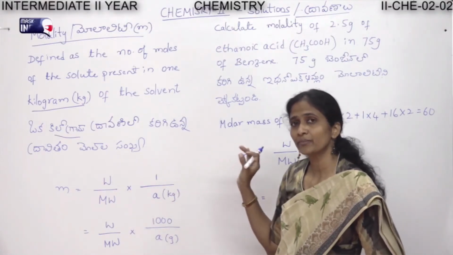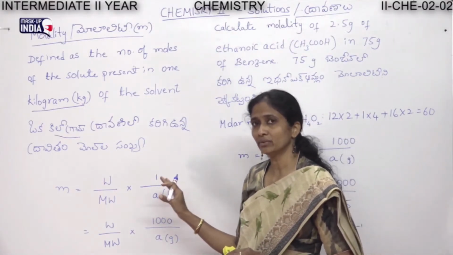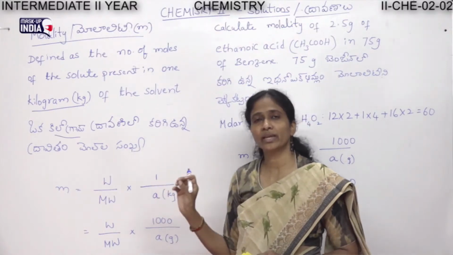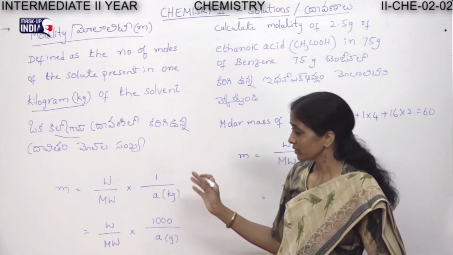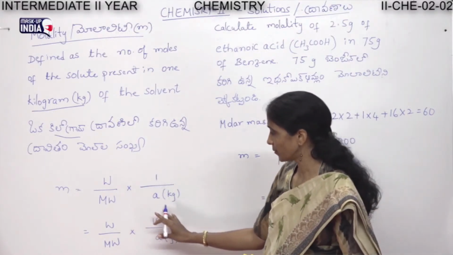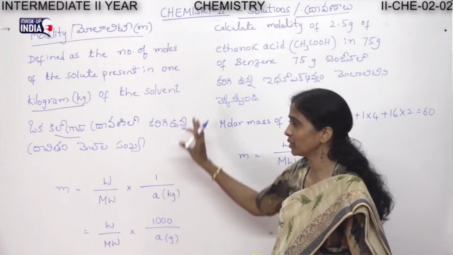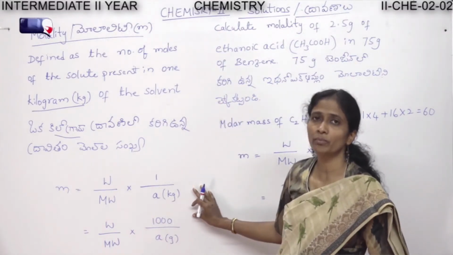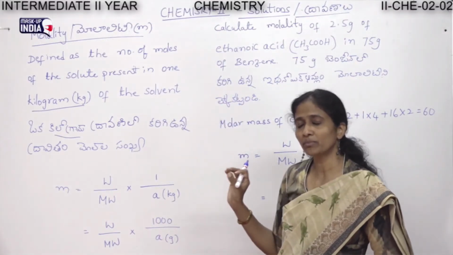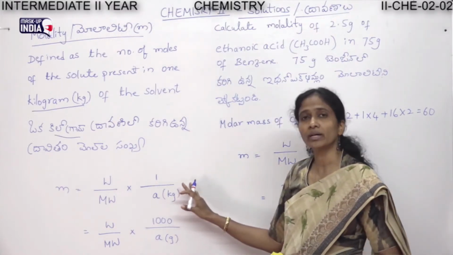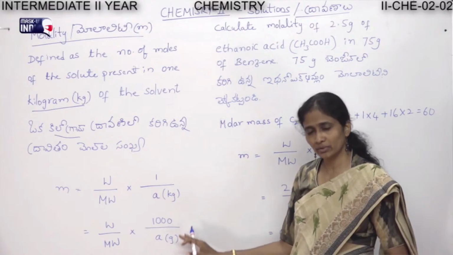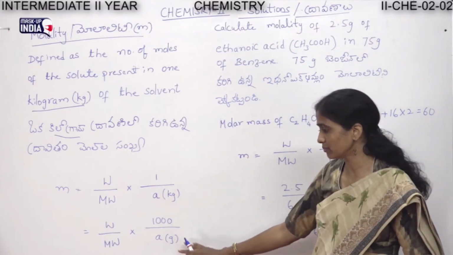That was the molarity formula that we have already covered. So we can use both formulas depending upon the given problem. If kilograms is mentioned in the problem, we can go with this formula. If it is given in grams, we can go with the next formula, 1000 by A.